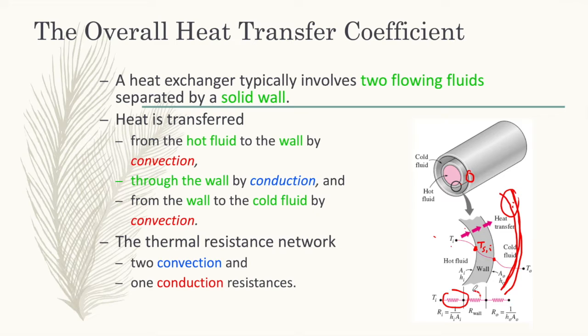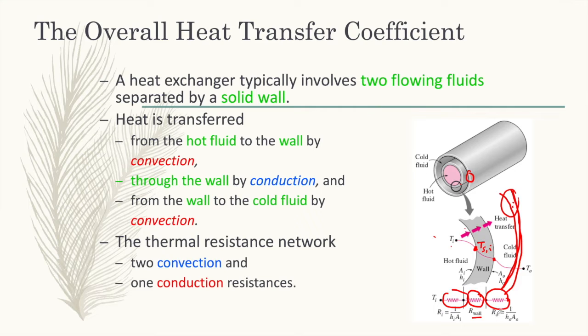The second one is the conduction resistance, R wall. The last thermal resistance is for the convection process from the wall of the inner tube to the cold fluid.